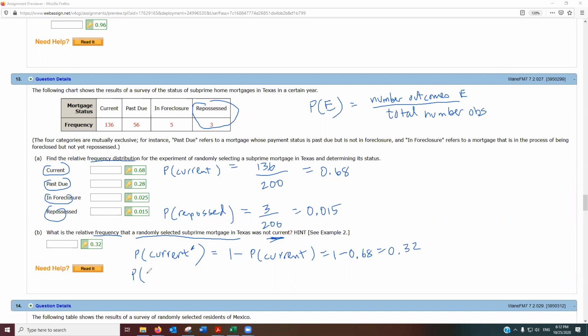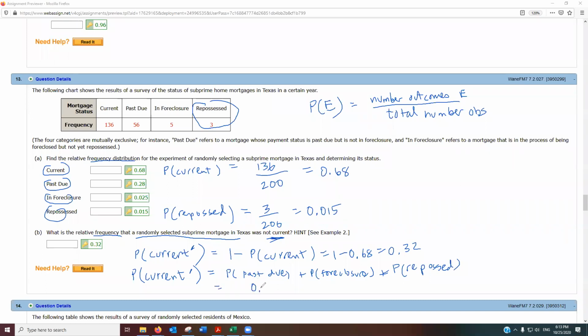Another way I could have thought about this question is that the probability for the complement of current must be any event that's not current. So this would be the probability of past due plus the probability of in foreclosure plus the probability of repossessed. I know these probabilities because I just calculated them.